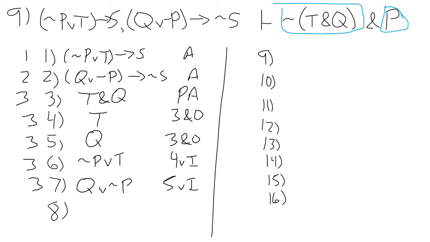Toss them in the conditionals, so from 1 and 6, we can get S. And from 2 and 7, we can get tilde S. 2, 7, 2, and 3.